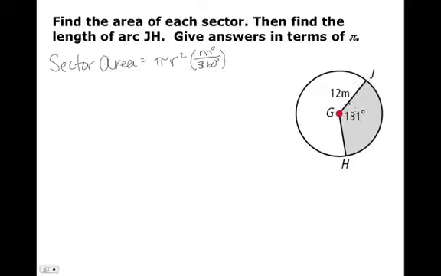Well, if you remember, if we know the central angle is 131 degrees, we know that the arc is also 131 degrees. Central angle, same as the arc. We know that our radius is 12 meters, so we just substitute in our numbers.